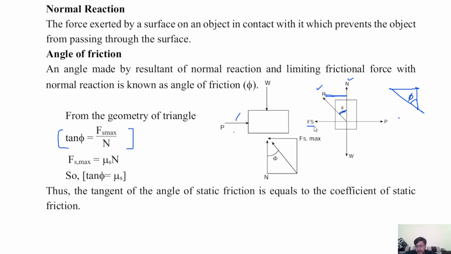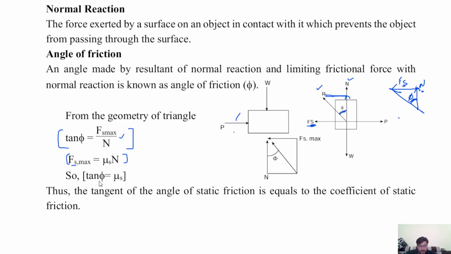This horizontal force is the friction force acting rightward, and this upward side represents the normal reaction N. So tan phi is equal to P by B, that means Fs max by N. From this, Fs max is equal to mu s into N.